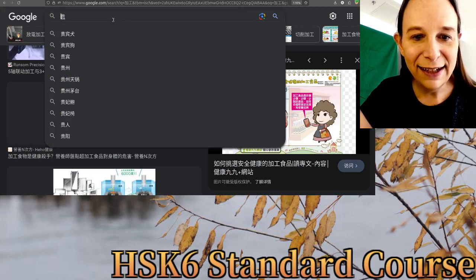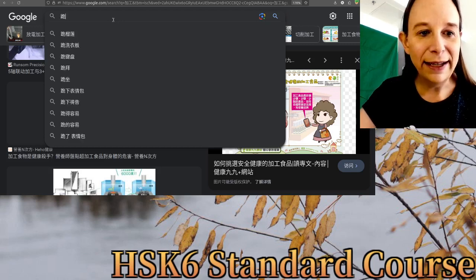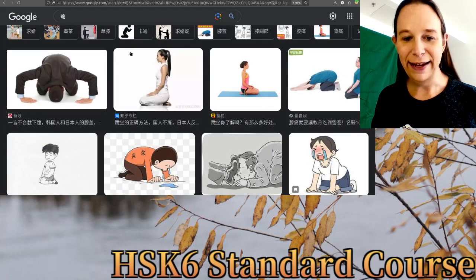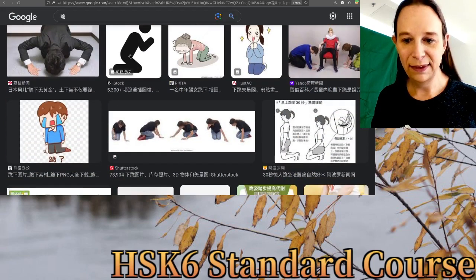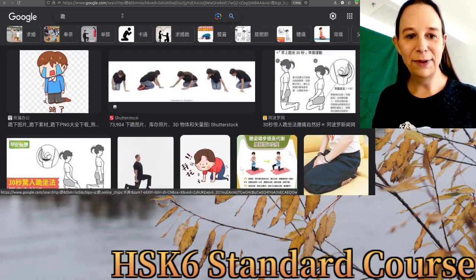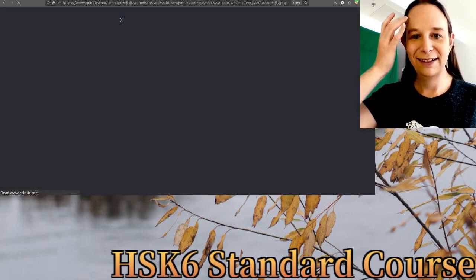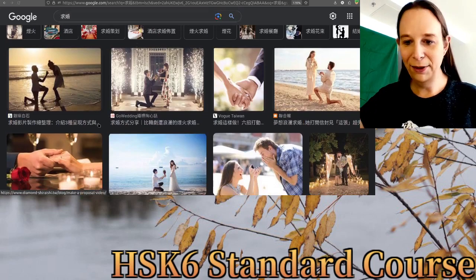It has a foot, 足. 跪, they are all kneeling. So what does it say for proposing? Did I use the word 跪 here?